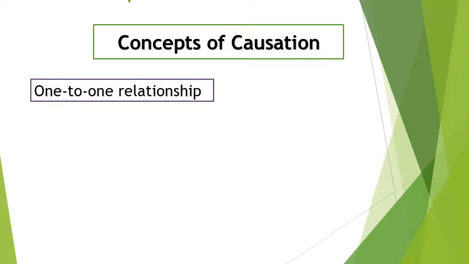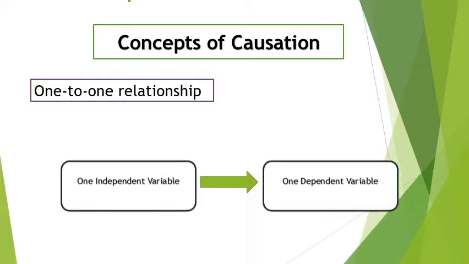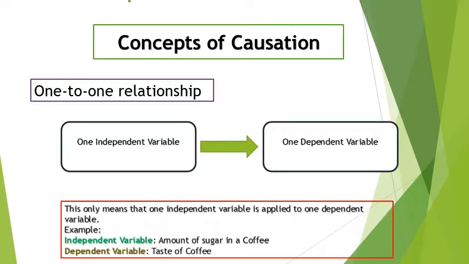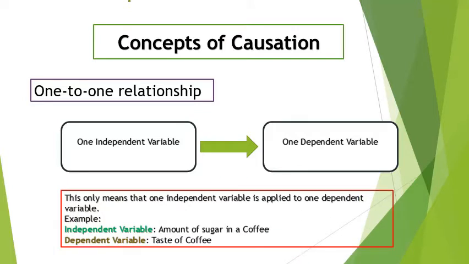Okay, let's proceed to one-to-one relationship. In a one-to-one relationship, there is only one independent variable and one dependent variable. Just like the previous examples, that is under a one-to-one relationship. Let's see the example here.